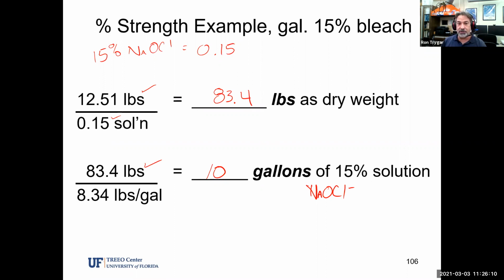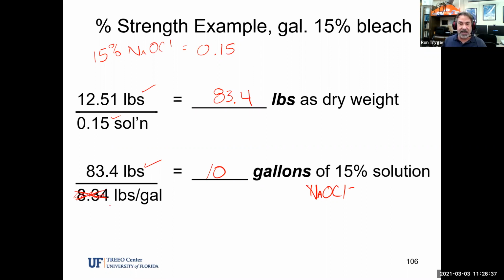So that's how we would do the math using a weaker chemical, and in this case, a liquid chemical. Now, if you know how many pounds per gallon your chemical is, if you know that you have sodium hypochlorite and the sodium hypochlorite you have is, let's say, 11 pounds per gallon or 9.5 pounds per gallon, whatever that number is, you would use that number here instead of the 8.34 that I used.